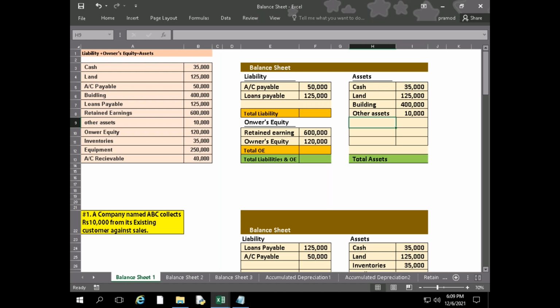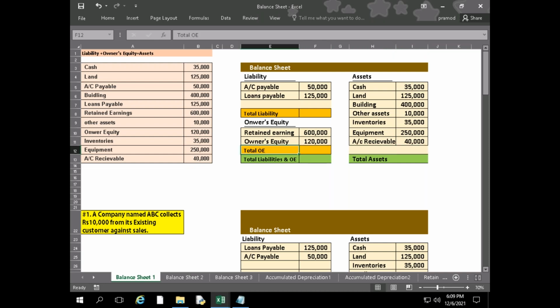The next is inventory. Inventory is an asset, which is your closing or ending inventory. Inventories 35,000. Equipment is an asset. Accounts receivable is an asset, 40,000.